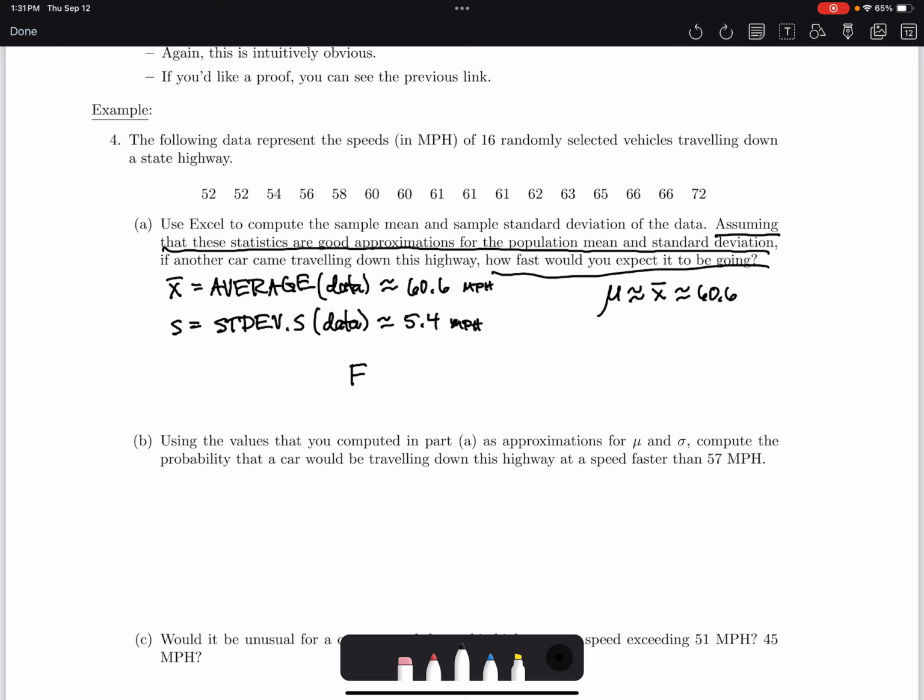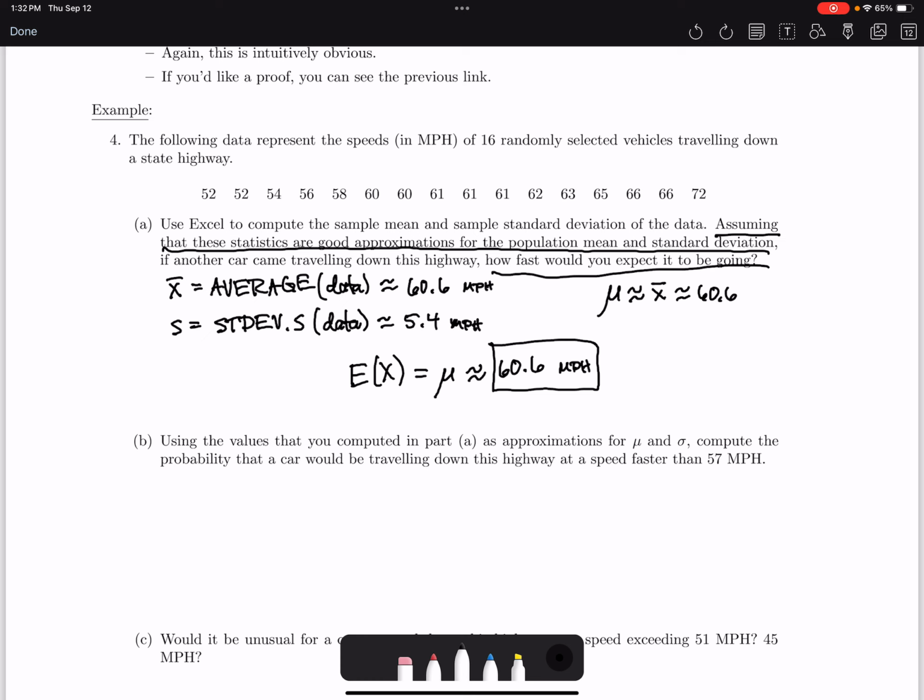Well, the expected value is just equal to the mean, which we're assuming is approximately the same as the sample mean of 60.6. So if another car came randomly barreling down the highway, we'd expect it to be going about, maybe you would say something like 61 miles per hour. Okay?